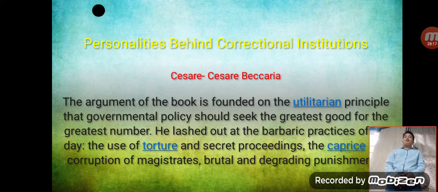So, penalty should be scaled to the importance of the offenses. So, Beccaria was the first modern writer to advocate the complete abolition of capital punishment, and may therefore be regarded as a founder of the abolition movements that have persisted in most civilized nations since his day. So, next slide.